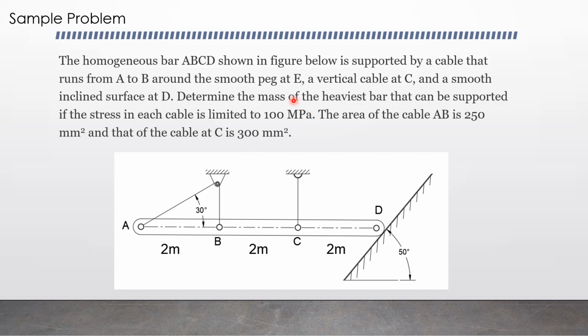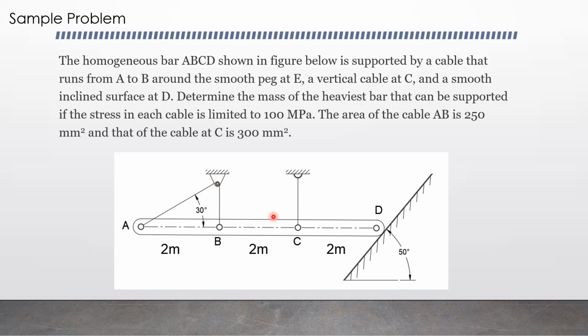We know that they have the same allowable stress, but they have different areas. The cable C has a larger surface area than cable AB.